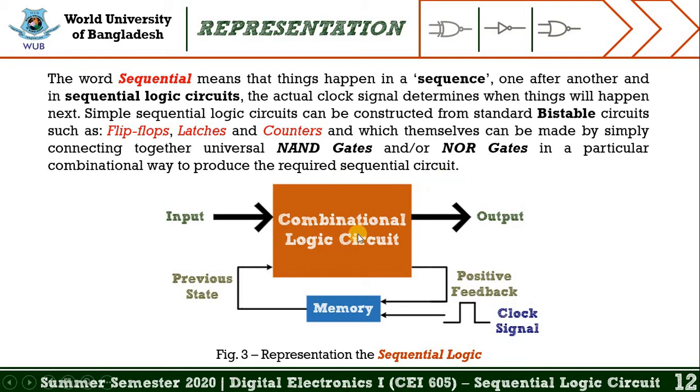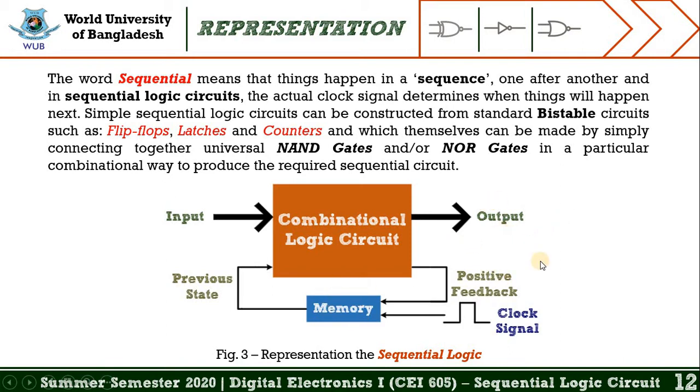Figure 3 represents the representation of sequential logic, and you may find this figure has 3 sections: left section, middle section, and right section. In the left section you may find two things: upper left you may find input, and lower left you may find previous state. In the lower middle section you may find the memory element or memory section.